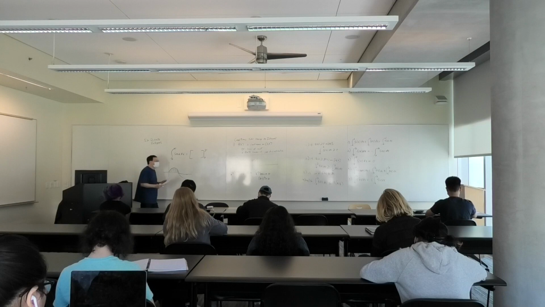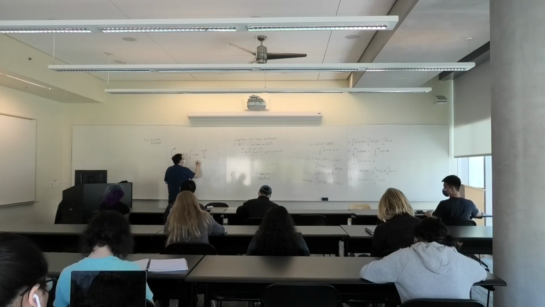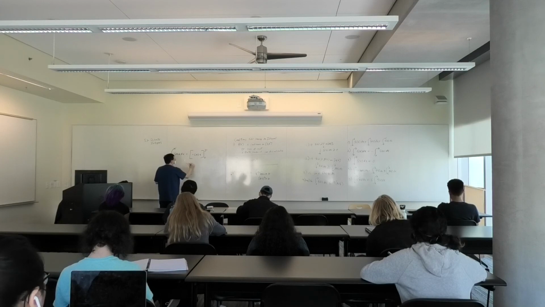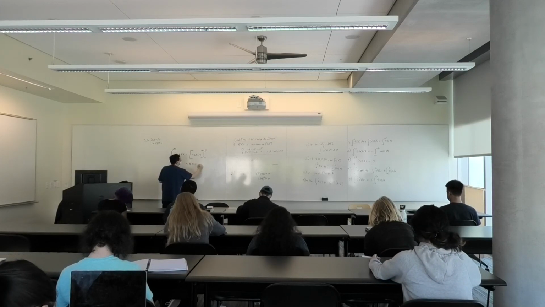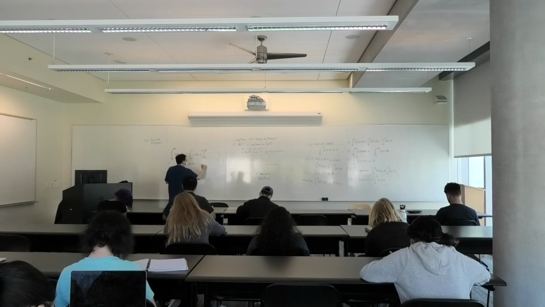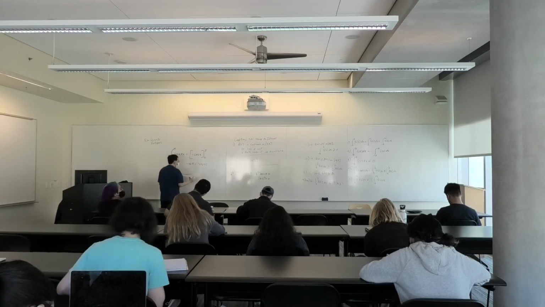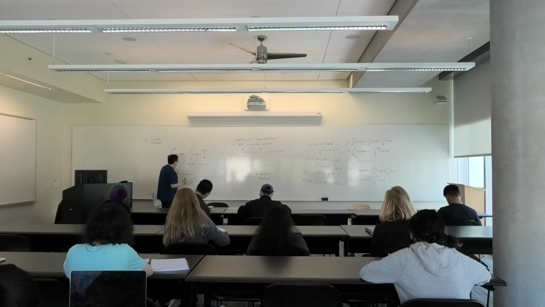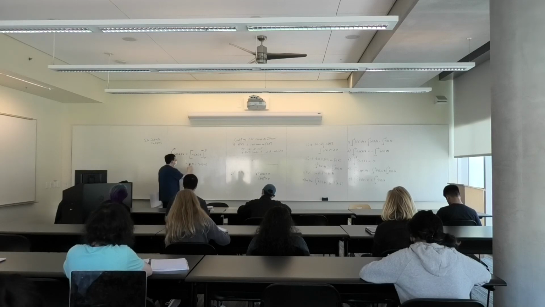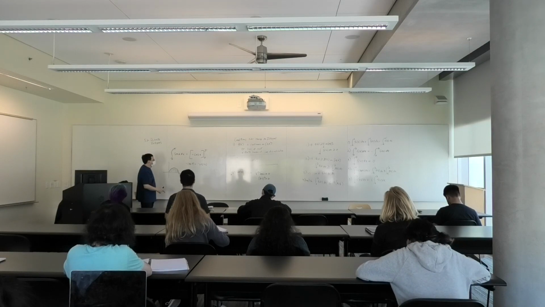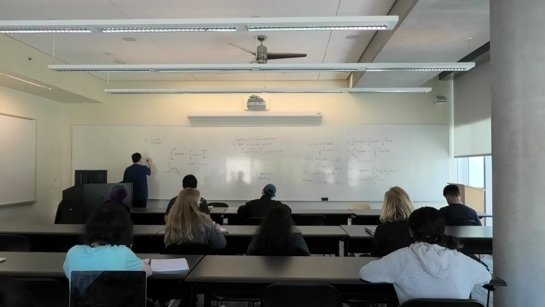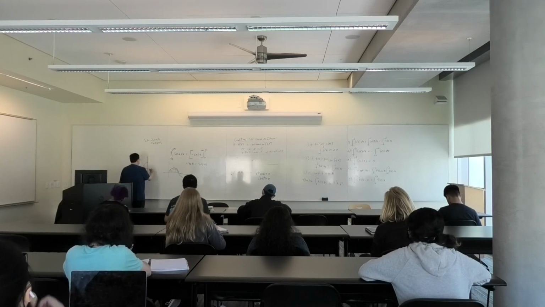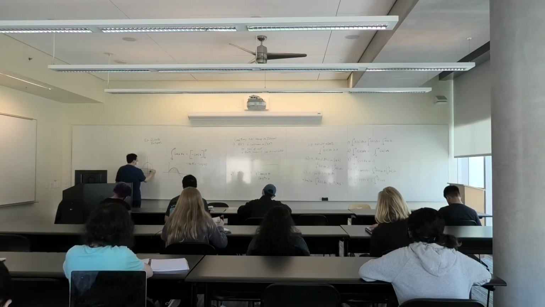Anyone guess? Negative cosine. So negative cosine of pi minus negative cosine of 0. I know what the cosine of pi is. Cosine of 0 is 1.